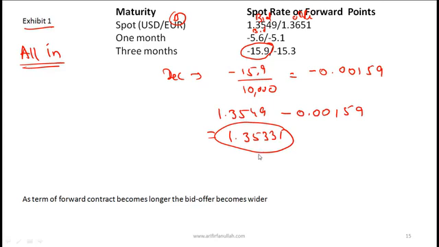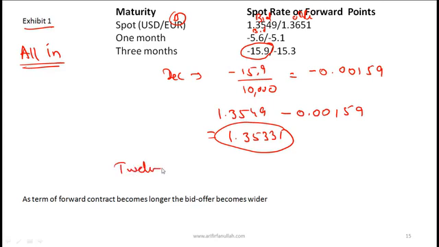So the 3-month all-in forward bid rate is 1.35331. If you look carefully at Exhibit 1, you are given the 1-month maturity, you are given the forward points for a 1-month contract, 3-month contract, and then there is also a 6-month contract and a 12-month contract.